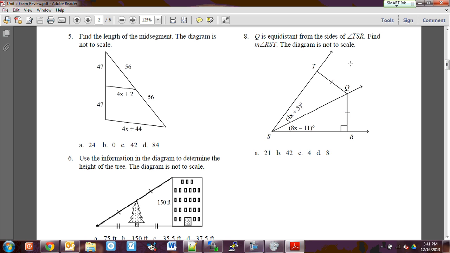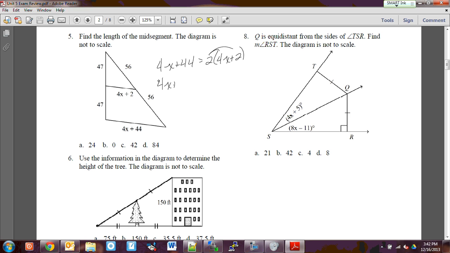Number 5. Find the length of the mid-segment. Well, they already told us it was a mid-segment, so we don't need to check. The diagram is not drawn to scale. So again, we know that the 4x plus 44 is 2 times as long as the 4x plus 2. So just 2 times 4x plus 2. Distribute the 2 through.